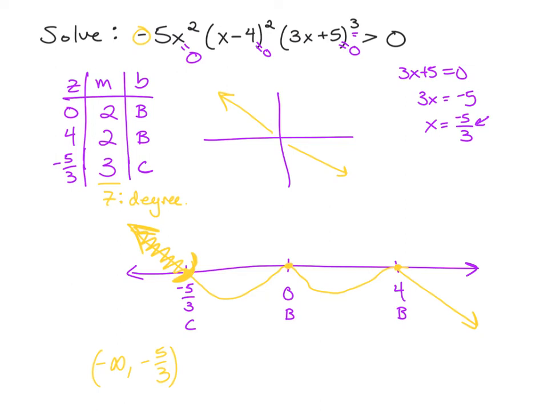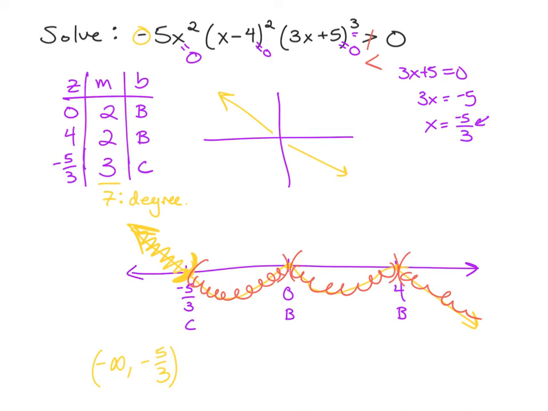So what now would happen if I said, I don't like this greater than, let's say there was a less than here. Well, now we would be looking for wherever the graph is below the x-axis. And we would still be using parentheses.